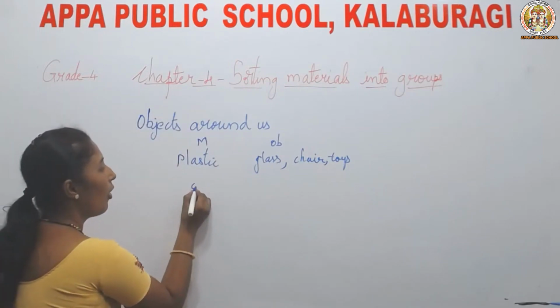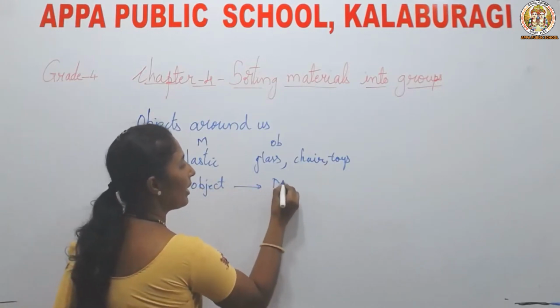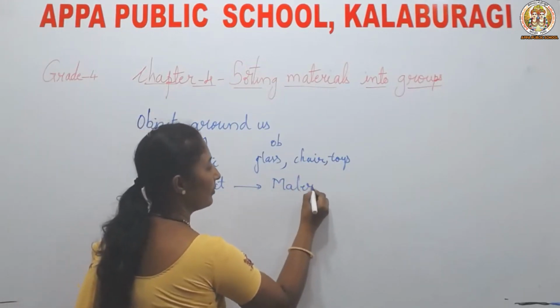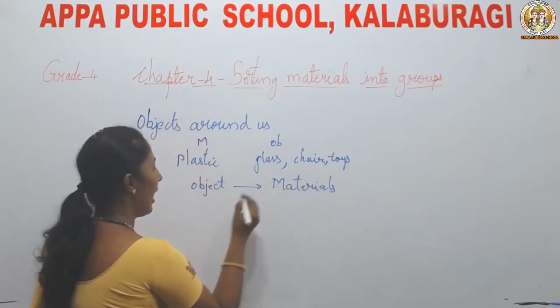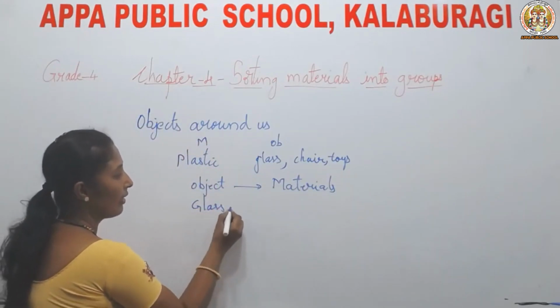Also, we have learned that one object can be made up of many materials. For example, a tumbler, that is a glass.